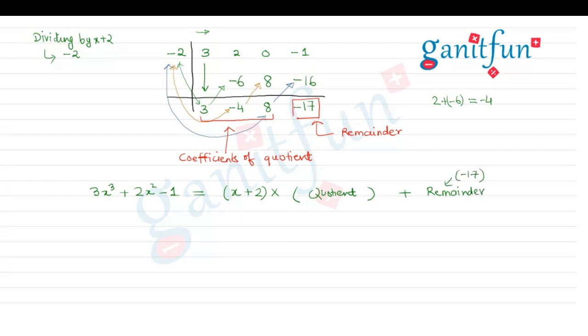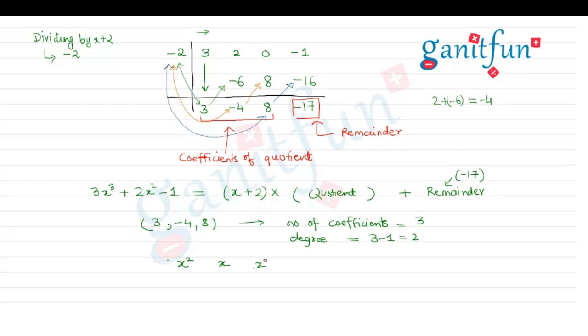How will we write the quotient? The coefficient form of the quotient is given, that is 3, minus 4, 8. The number of coefficients is 3, so the degree of the polynomial will be 3 minus 1, that is 2, which means this will have the power x square, then there will be x, and then a constant term, that is x power 0.